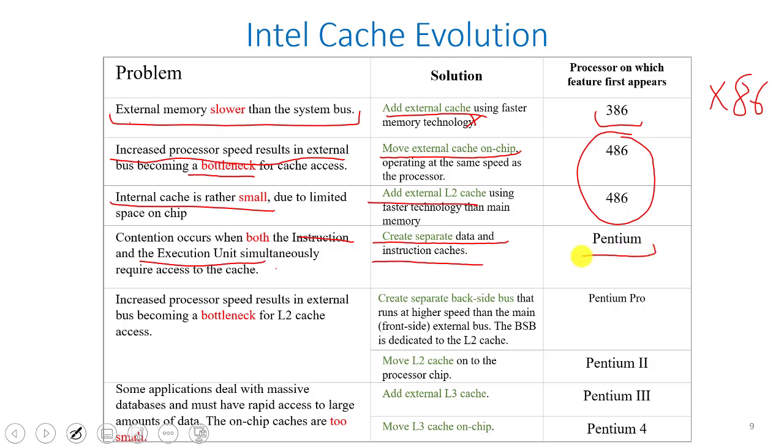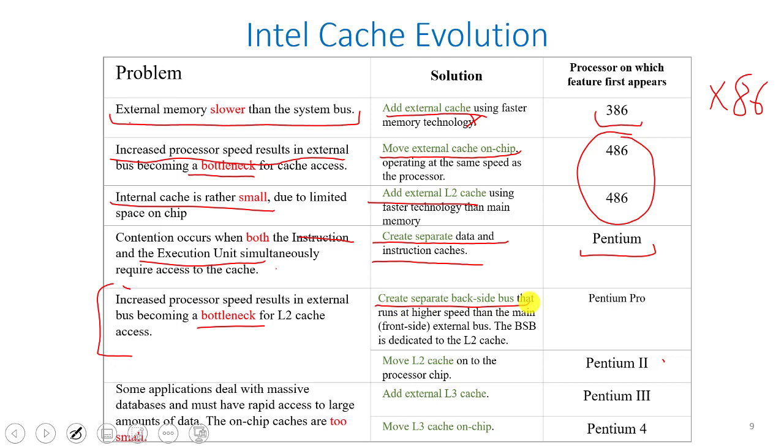Sorry, this was presented in the Pentium processors. So after that, we have the Pentium Pro. Increasing speed of processor results in an external bus becoming a bottleneck for L2. So they said, okay, create a separate bus for the L2.